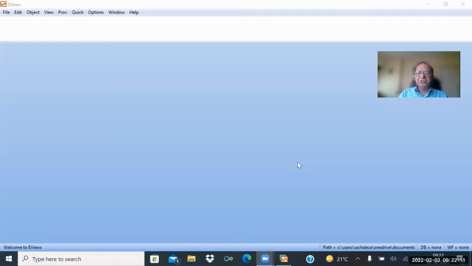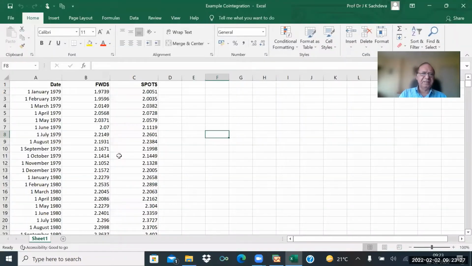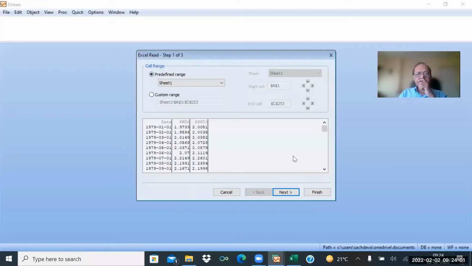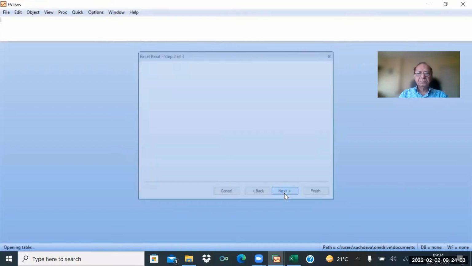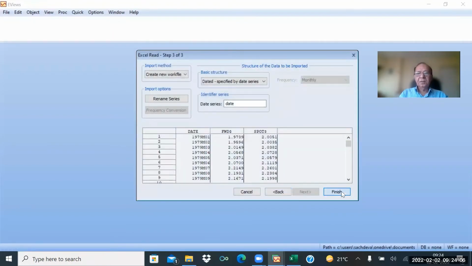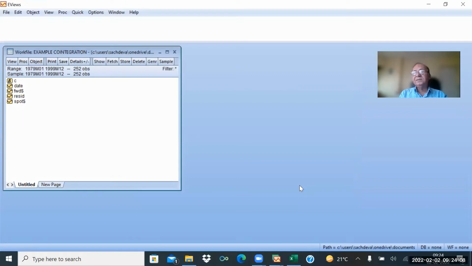I am going to use the data price. So this is the data which we are going to use, forward dollar prices and spot dollar prices. This same data, I am going to use in EViews. Now I have opened it in EViews.